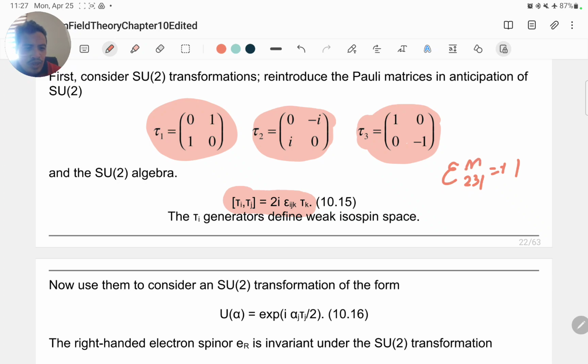Epsilon 1 3 2 is not cyclic, this is -1. The cyclic one is epsilon 1 2 3, which is equal to +1.